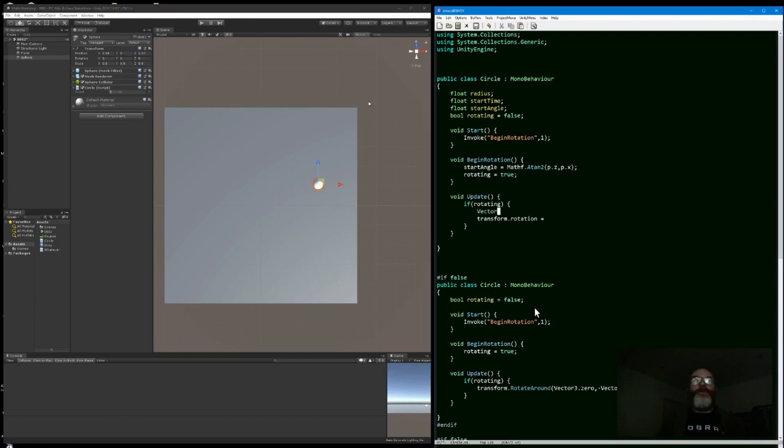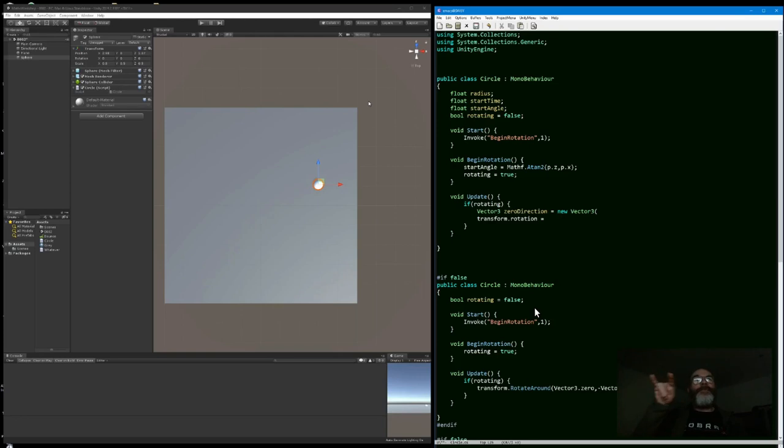So what I'm going to do is start off with a vector 3, zero direction, for want of calling it something, and this is going to be a new vector 3, and it's going to lie along the x-axis, which is fine because that's where we start.